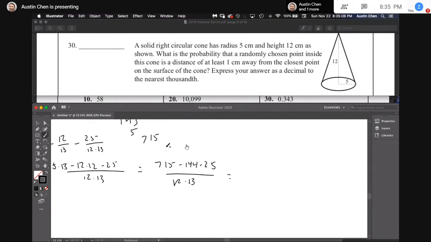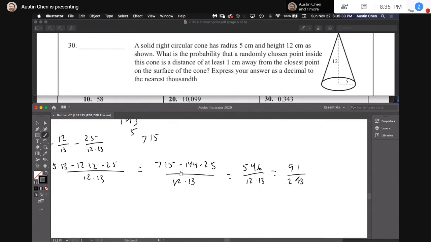Then this is 690 minus 144, which will be 546 for 12 times 13. And then you can cancel out a 6. So then you'll be left with 91/2 times 13.